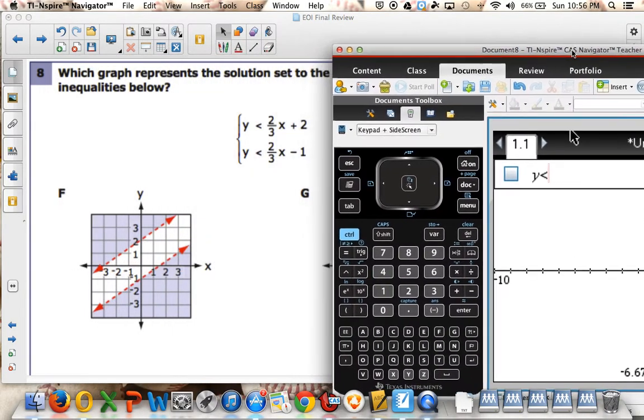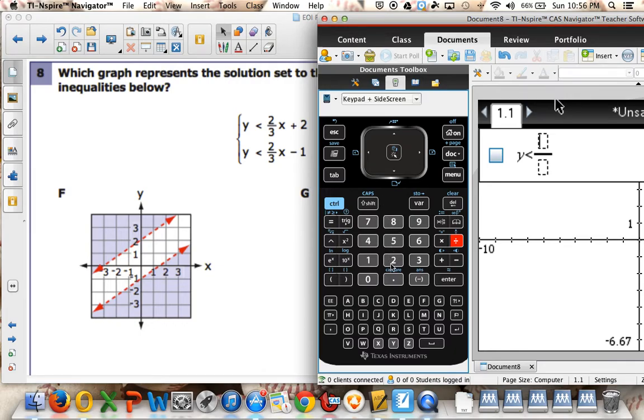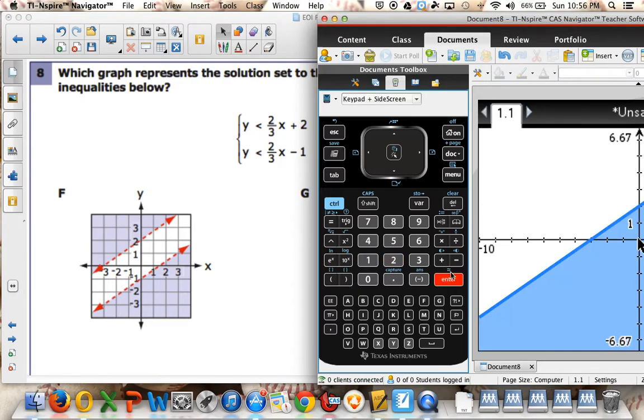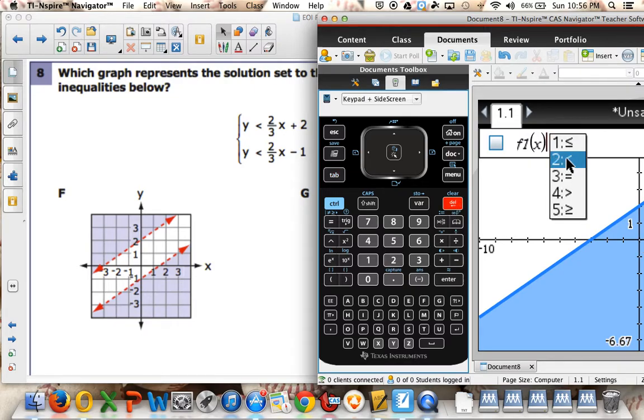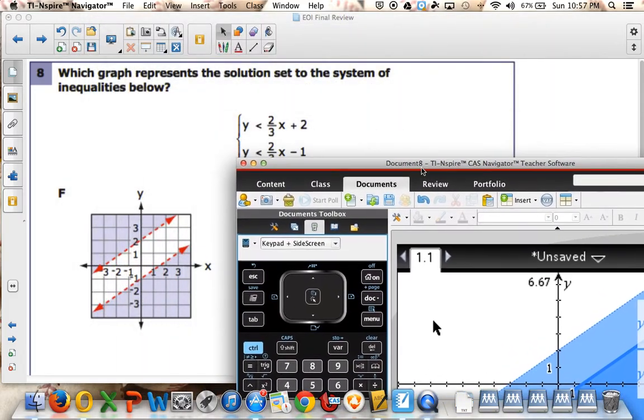Control divide, 2 over 3 x plus 2, enter, and I can tab, and backspace so I can get the less than sign again, and I have control divide 2 over 3 x minus 1, enter, and I can see where these two lines have that graph, right?